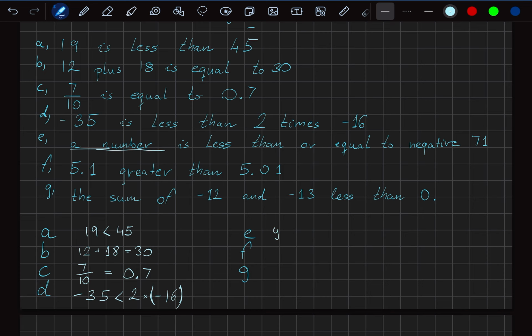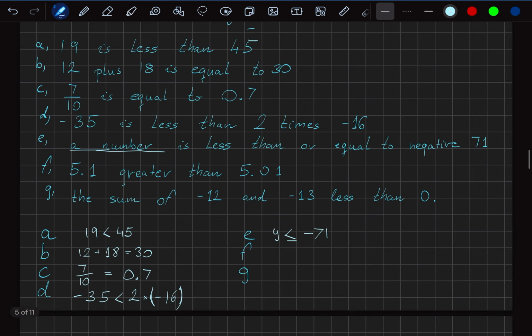I will choose the y. Y is less than or equal to negative 71. It means we have the number line, and this is how we will solve equations. Okay, this is basically the solution.